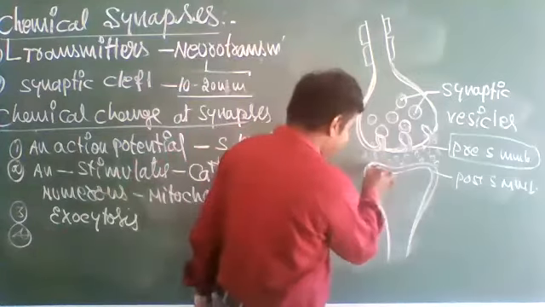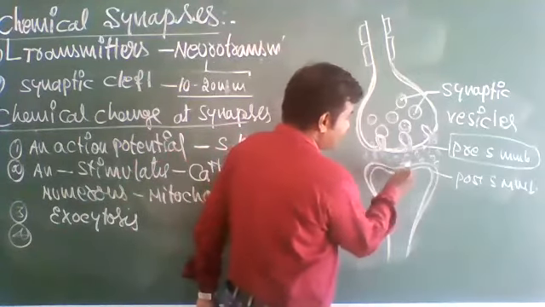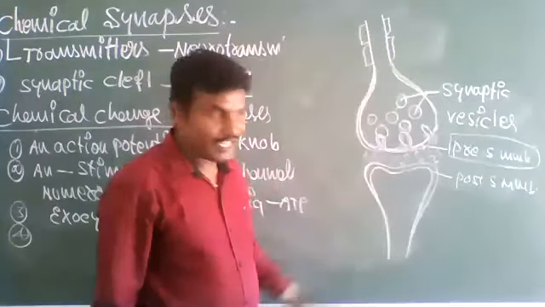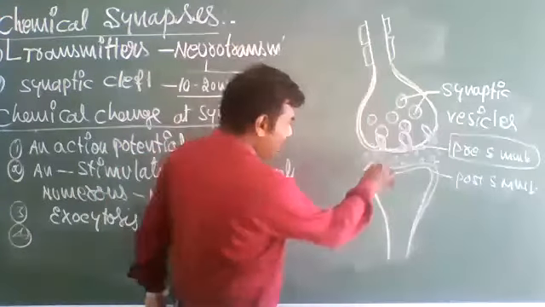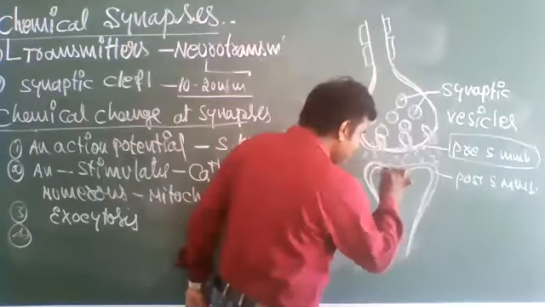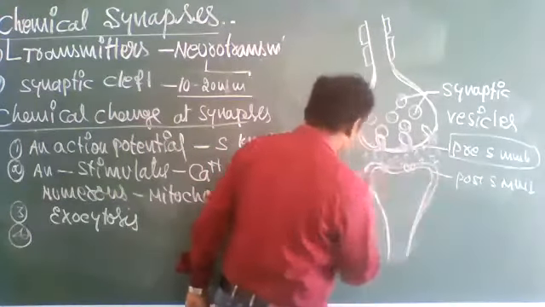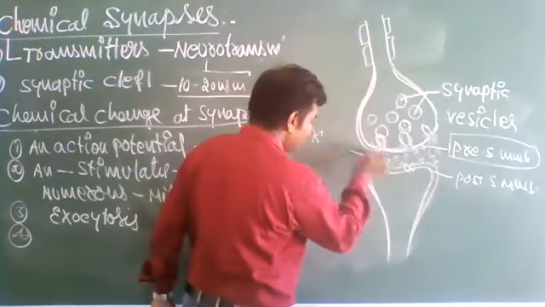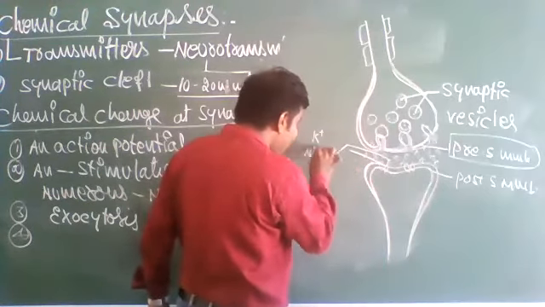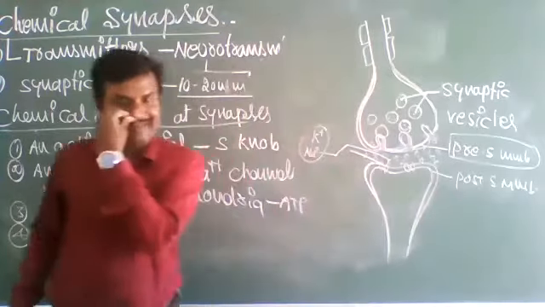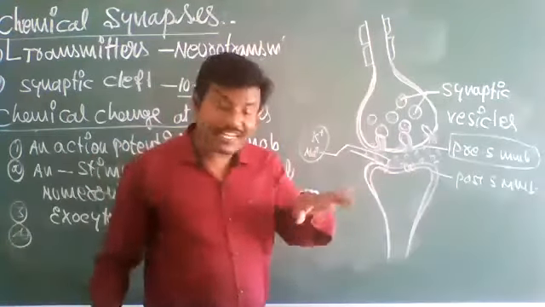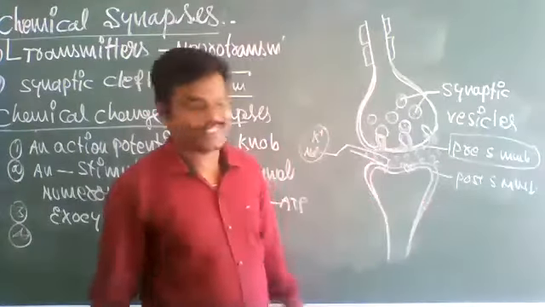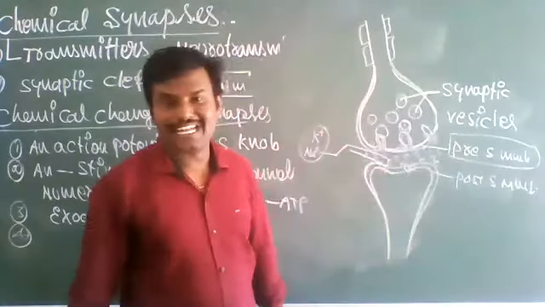Before binding of the neurotransmitters, what is there? Potassium ion and sodium ion channels are present in the dendron of the other neuron, on the post-synaptic membrane.